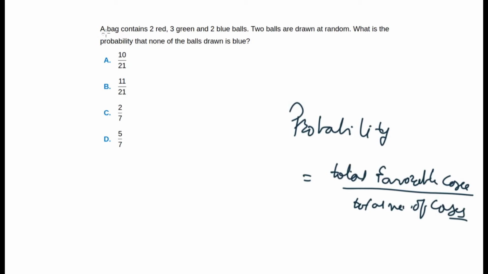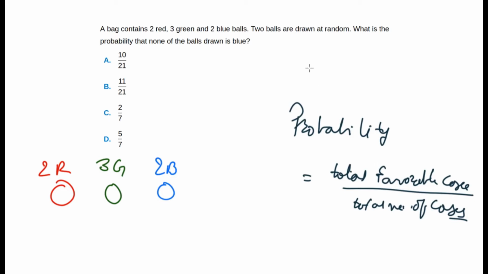Question says a bag contains 2 red, 3 green, and 2 blue balls. So we have, let me color them in red, 2 red, and then 3 green, and 2 blue balls.